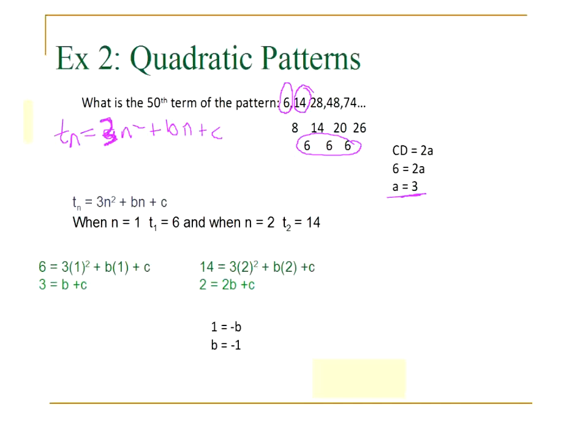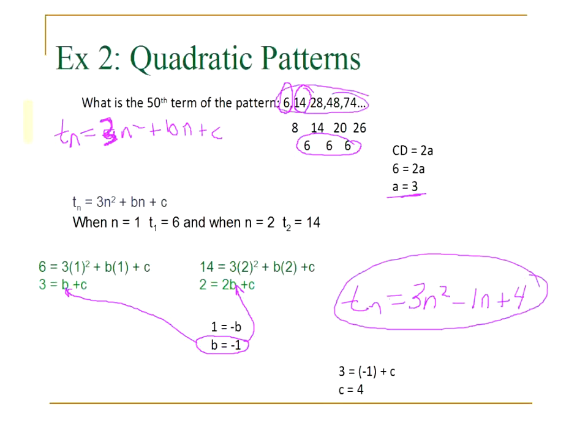I can take this b value and plug it into either one of these, and that will give me my c value. And so now I have the equation Tn equals 3n squared minus 1n plus 4. This represents the same information as that.